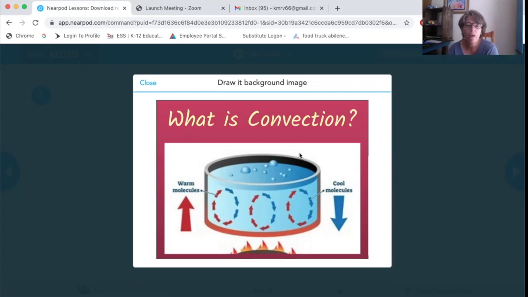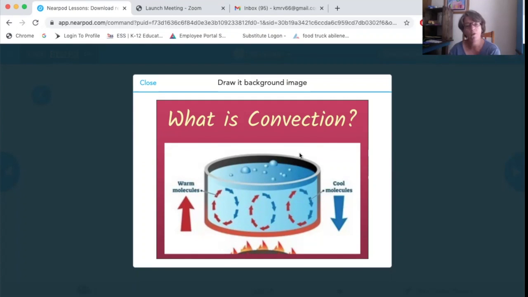You can see that the red arrow that is representing the warm or hot molecules is going upward. If you take a look at those three cycles or currents that you see, you will see the red arrows always moving upward.